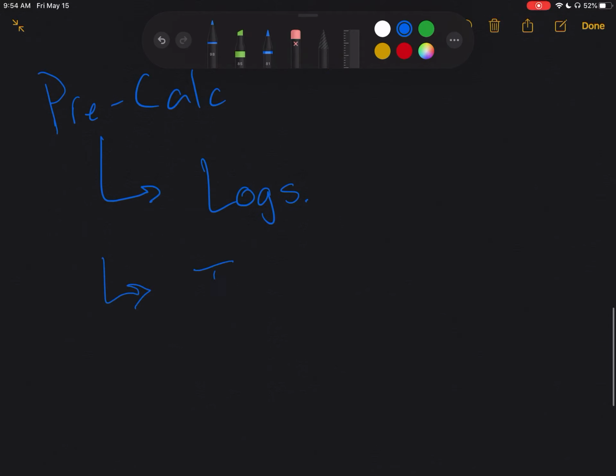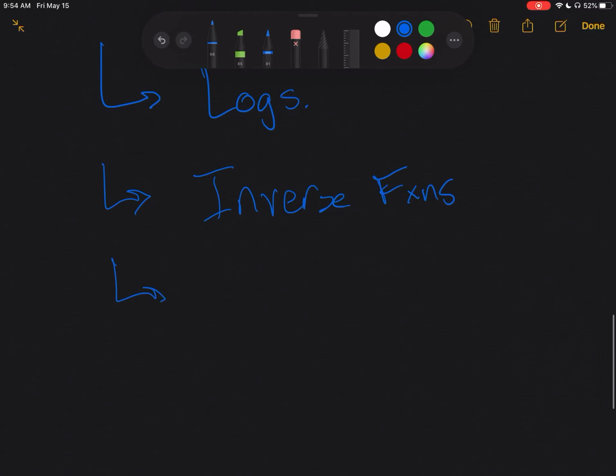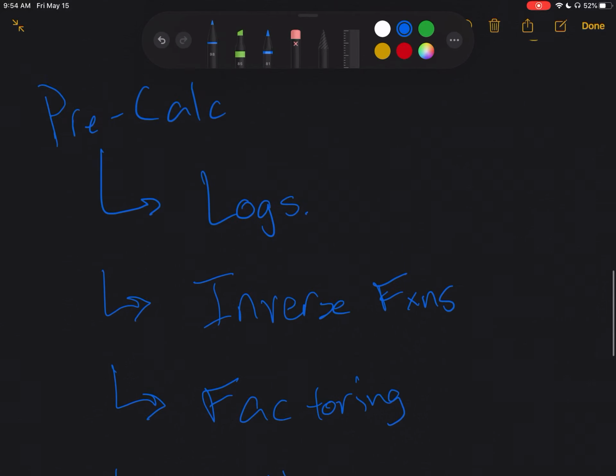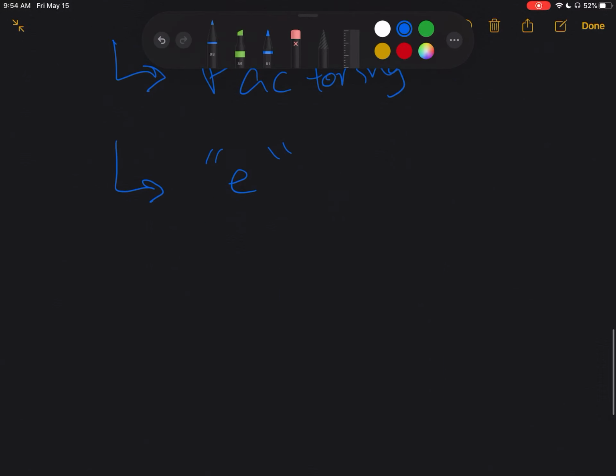Logarithms, inverse functions, if I could spell, inverse functions. You'll want to practice your factoring. And you could also look at e, and we'll also see rational functions.